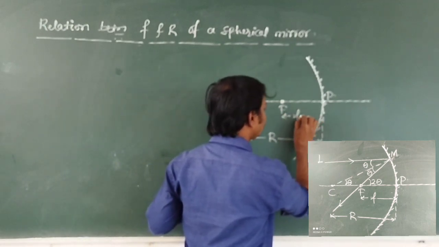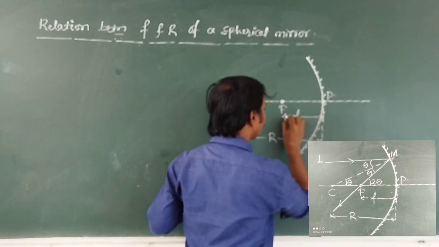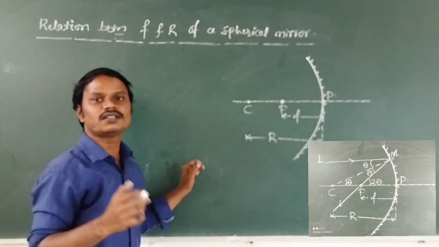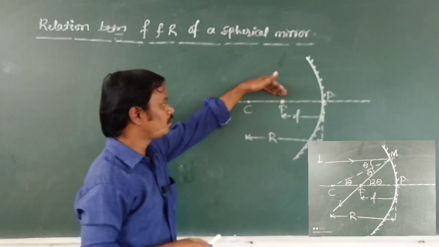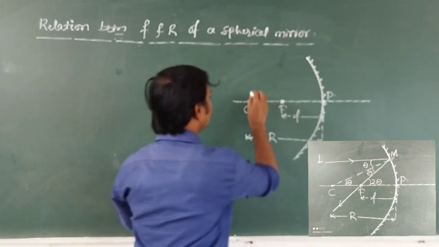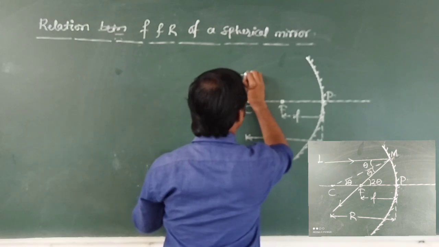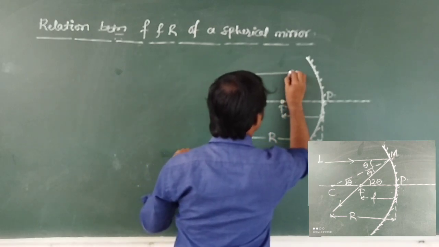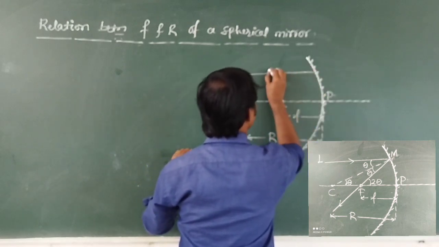Focal length can be represented by small f. What is focal length? Focal length is the distance between the principal focus and the pole of the spherical mirror.